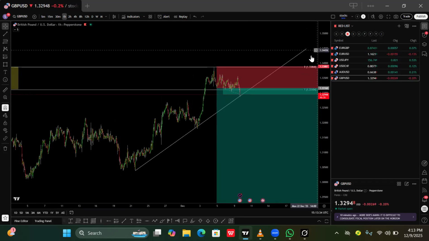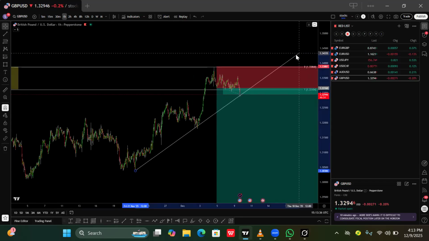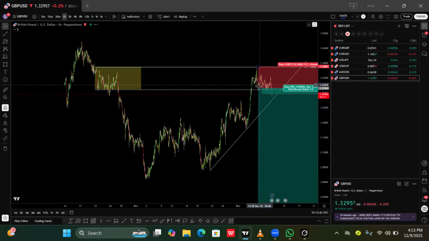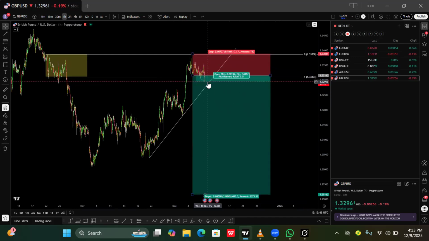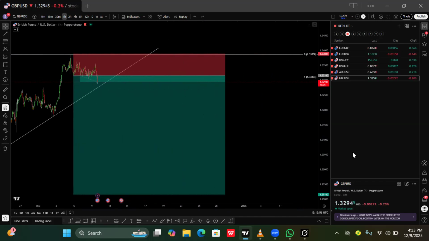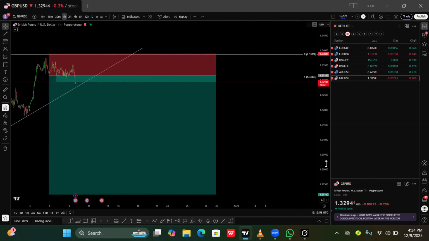It's just for lower time frame entries, you know, playing around. But if we break below this upward trend line and close below it, I would look to take another position and have my stop loss somewhere around here, especially, like I said, potential bullish forward guidance after the rate cuts.